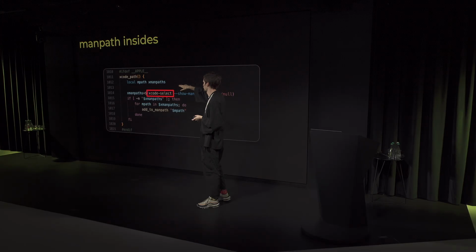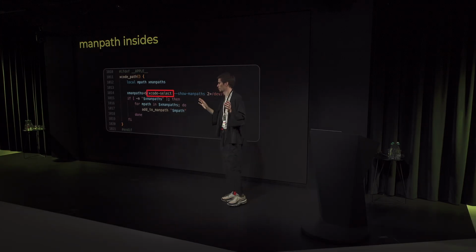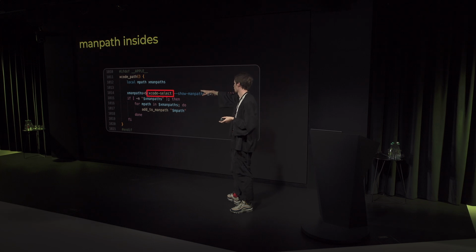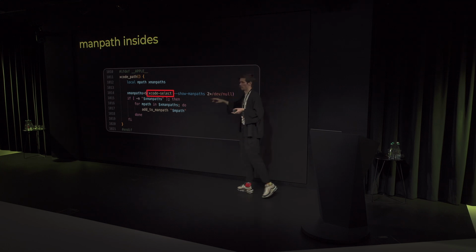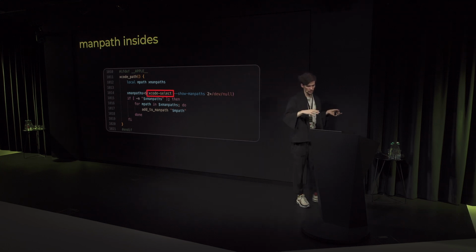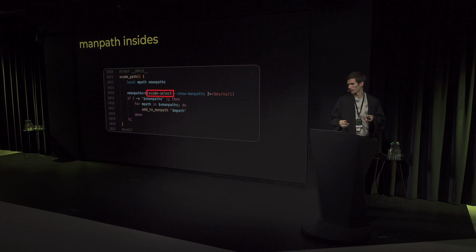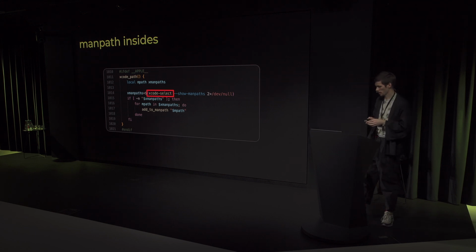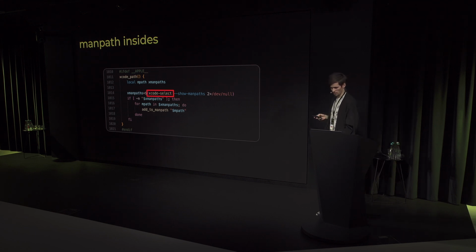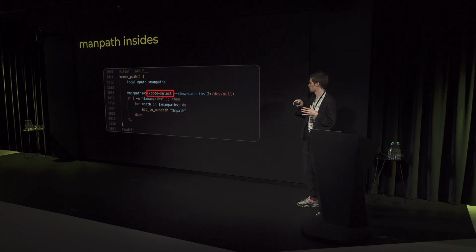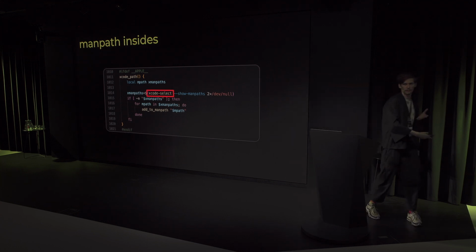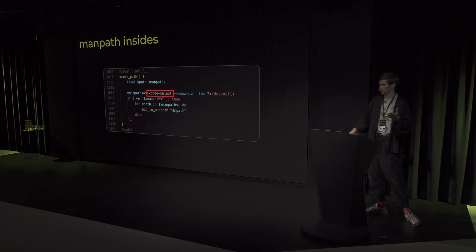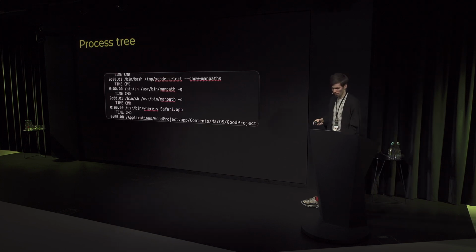We have this function to find the path to our Xcode, and then in the xManPath variable, we write the result of executing the command xcode-select --show-manpath. And what happened here? We changed the xcode-select to our own xcode-select, and then we launched our application with this changed xcode-select.